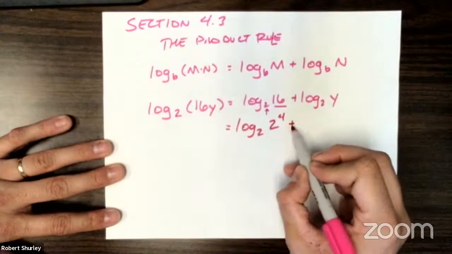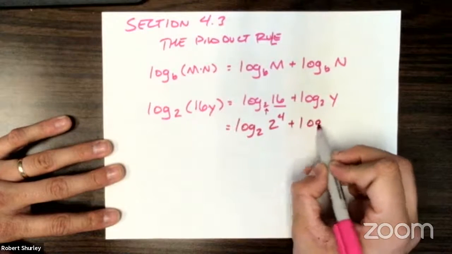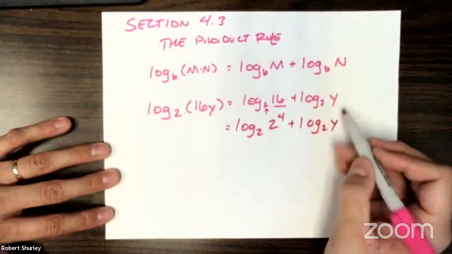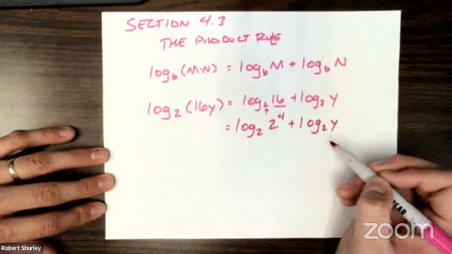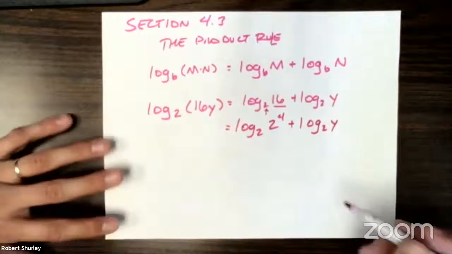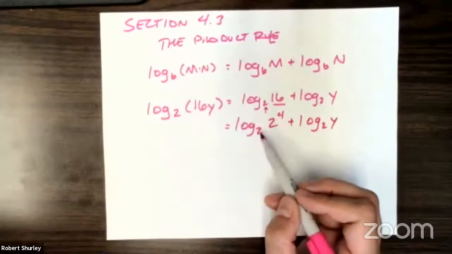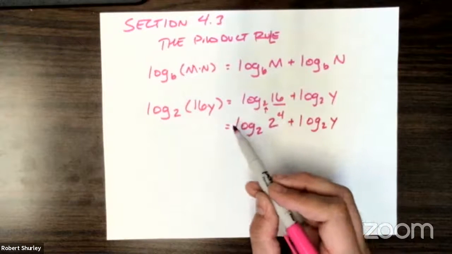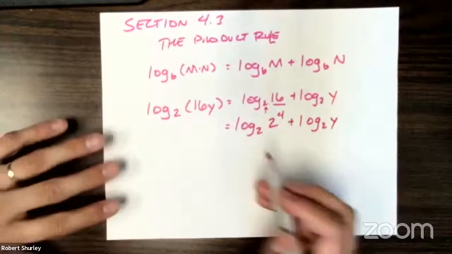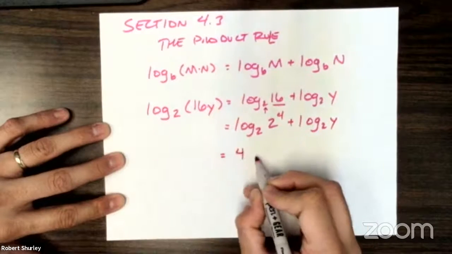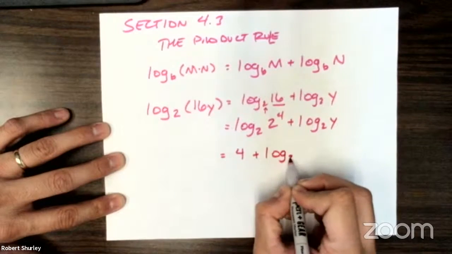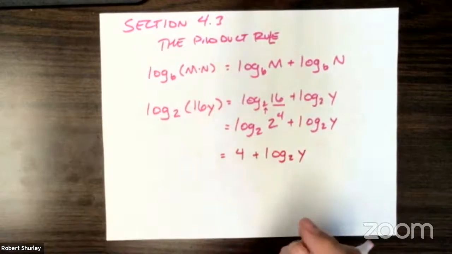Now, log base 2 of y, we cannot simplify. The 2 and the y are different, and you can't get a y into a base 2. Y is a number. But this first logarithm, since we have the matching bases here, remember this all cancels, and it leaves us with our exponent. So 4 plus log base 2 of y.